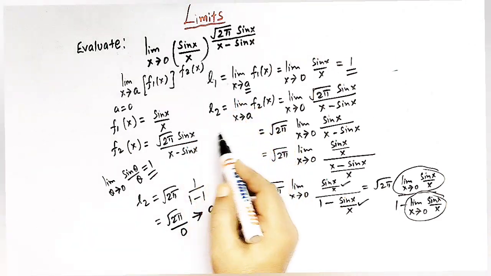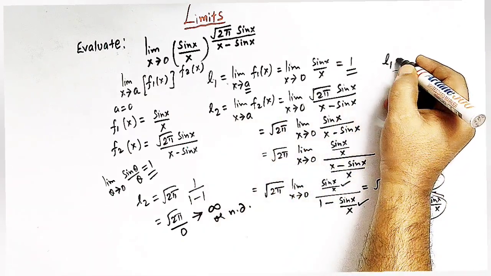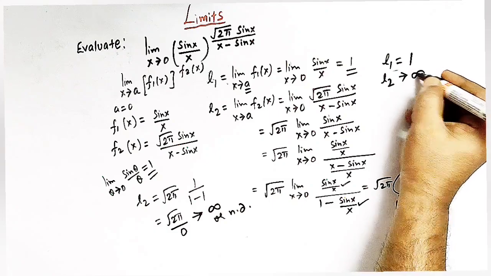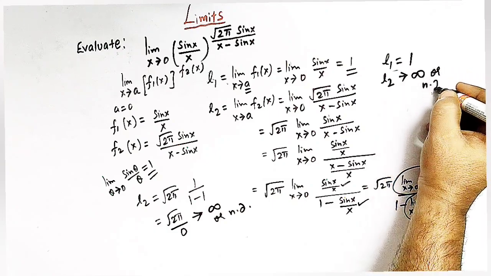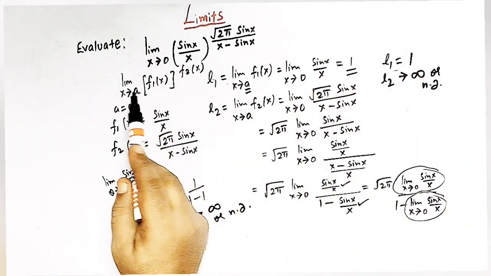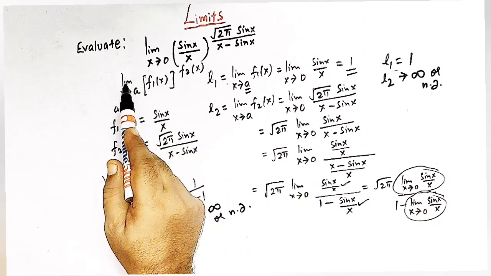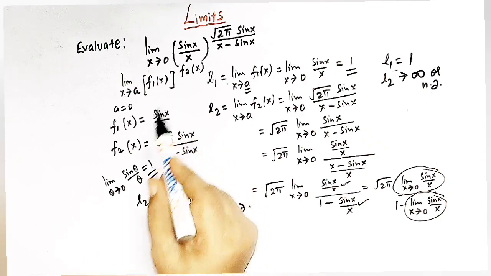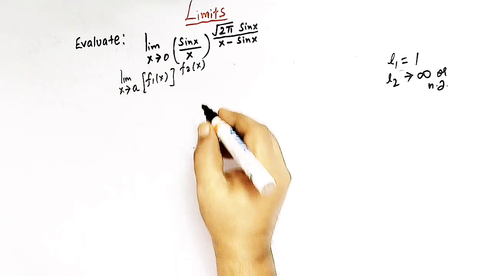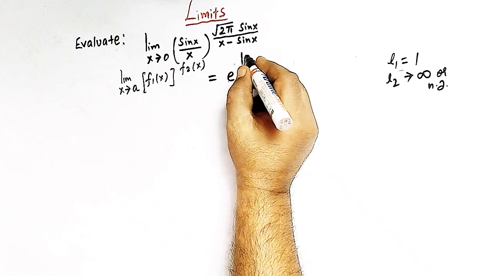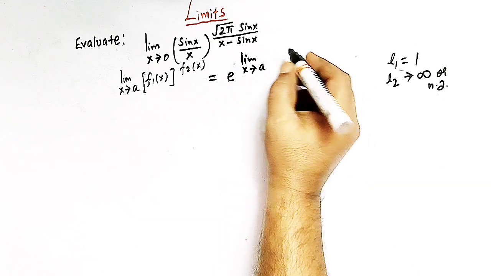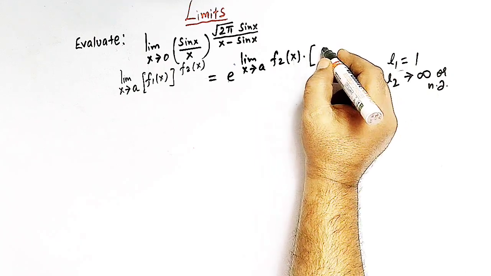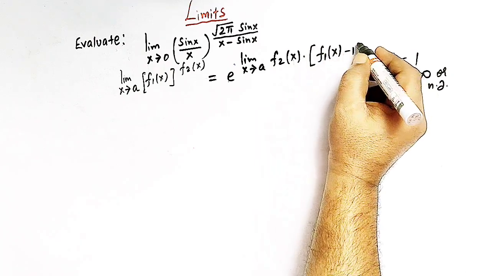So viewers, we have seen that the limit L1 is equal to 1, and L2 tends to infinity or is not defined, right? So therefore the value of this limit, that is limit x tends to a of f1(x) raised to f2(x), is given by e raised to limit x tends to a of f2(x) multiplied by (f1(x) minus 1).